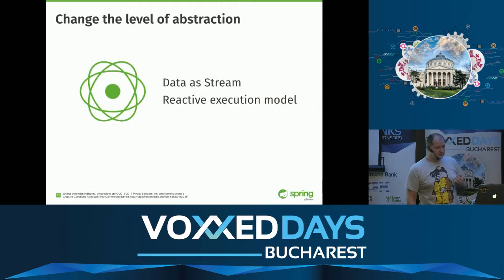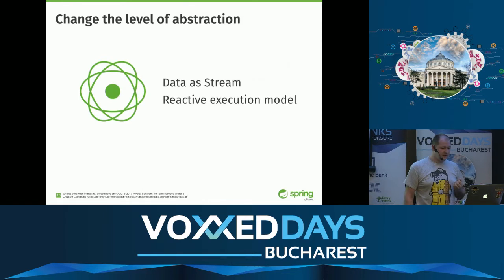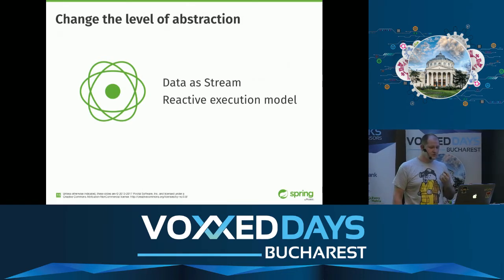We, at the Spring team, have a definition of what reactive means to us. When you ask a lot of people what reactive means to them, you get at least 10 different answers. And reactive is a very overloaded term right now.